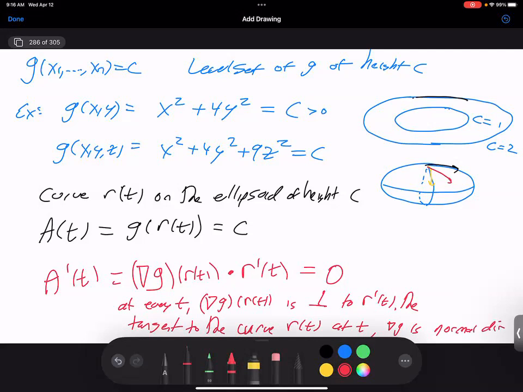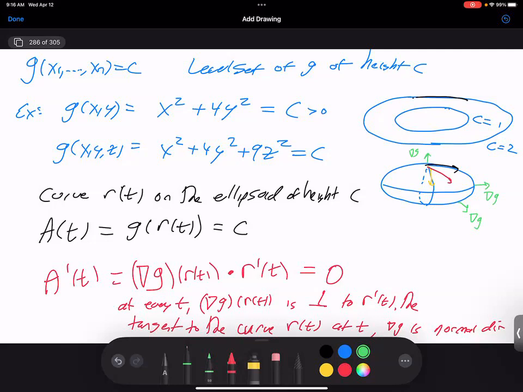So we talked a little bit about one way to view a plane is all vectors going through a base point that are perpendicular to a given direction, the normal to the plane. The gradient of g, if I'm looking at all the points x, y, and z on the level set c, is going to just be the normal to the surface. So at any point here, the direction is going to just be the gradient of g.